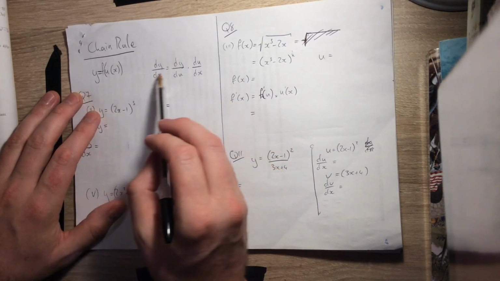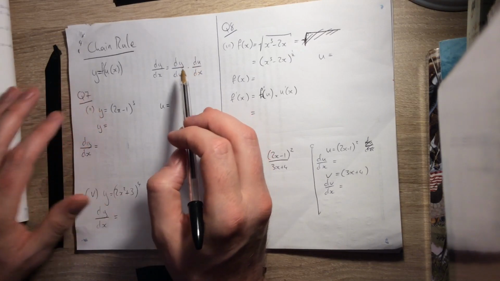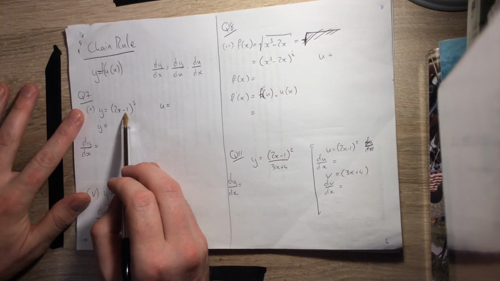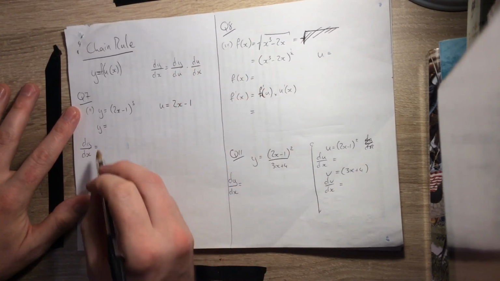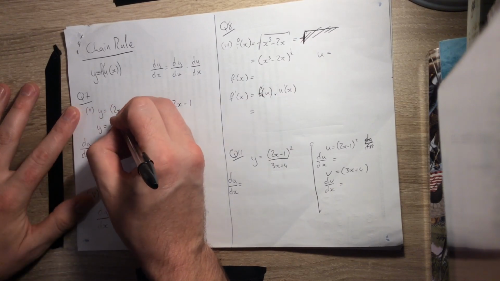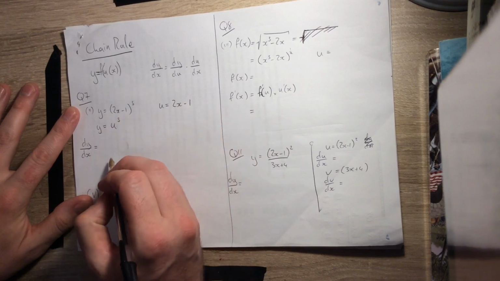If that's the case, then we can use this rule that dy dx is going to be dy du times du dx. So what do we mean by that? Well, if you look at this one here, our function within the function is 2x minus 1. So y is going to be u cubed.